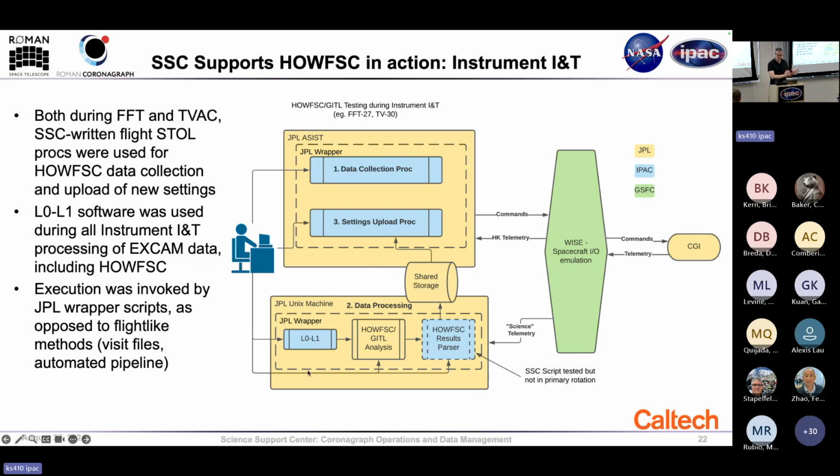So as the data was received, it was run through the L0, L1, and then fed to the HOFUS Skittle analysis. Again, this was on the ground. This was not in the standard ground system setup. And as Eric mentioned, we did close the loop using SSC created tools. And it seems to have gone very well.